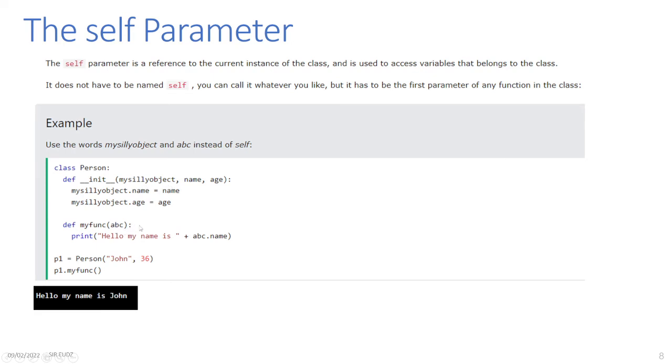It's okay, but of course it will be more readable if you use self. So class person, similar to the previous example, but instead of self it uses the word mySillyObject. So we have mySillyObject.name, mySillyObject.age. And here instead of self, we use abc, so abc.name. So that's the self parameter.